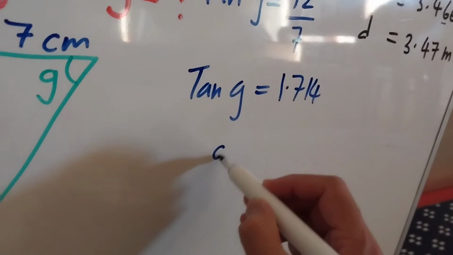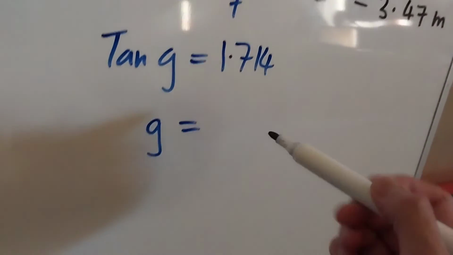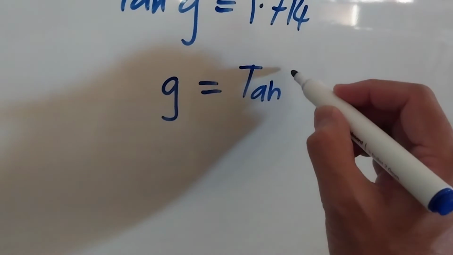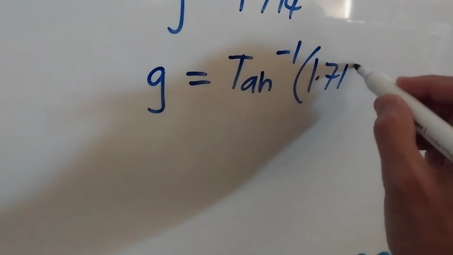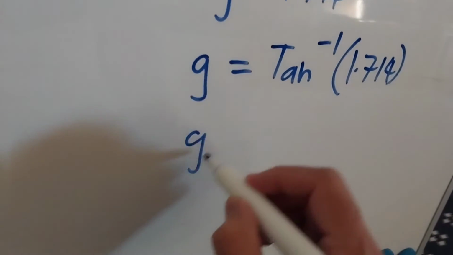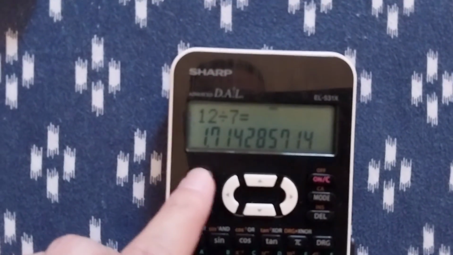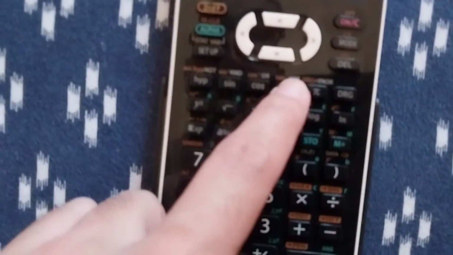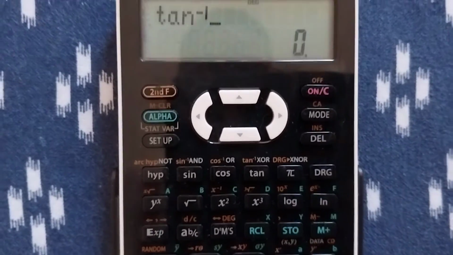Now, the value of angle G would be equal to, you're moving the tangent to that side, so it becomes tangent inverse of 1.714. While I have the whole value on the screen, I can straight away press shift and then tangent.